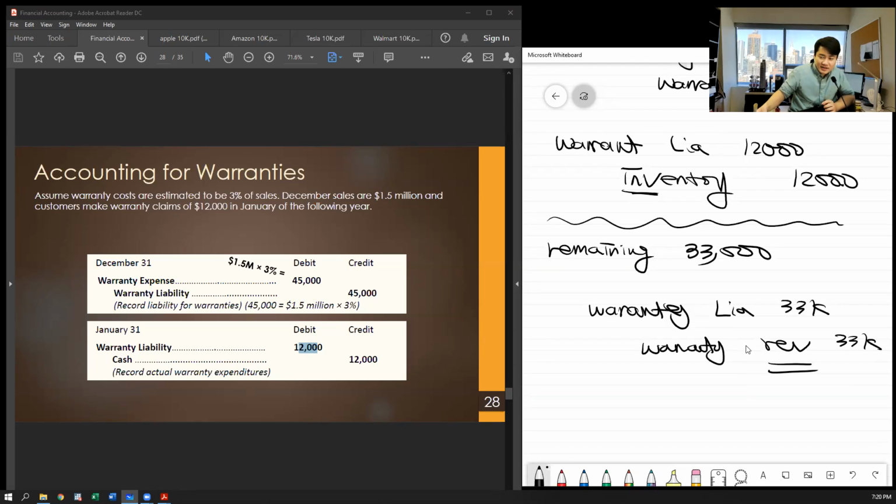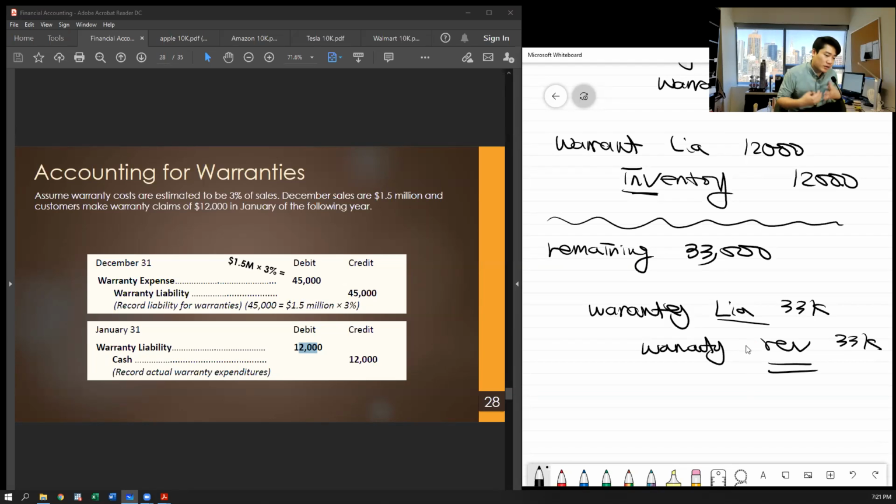The reason is that when warranties expire, that basically means you are fulfilling all the obligations, right? So warranty was a liability for the company. And at the end of the expiration of the warranty period, your obligation has been fulfilled.